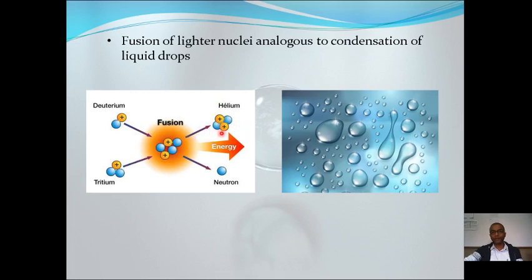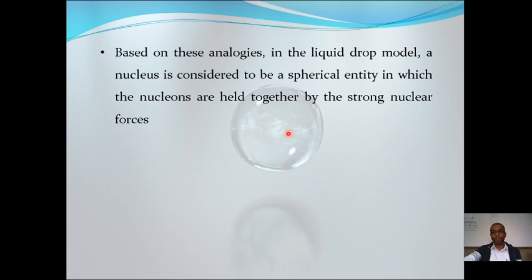Similarly, condensation of liquid drops is an analogous process. Smaller liquid drops, if we bring them together, will form a larger liquid drop. So fusion and condensation are comparable to one another. This is another similarity between a liquid drop and a nucleus.